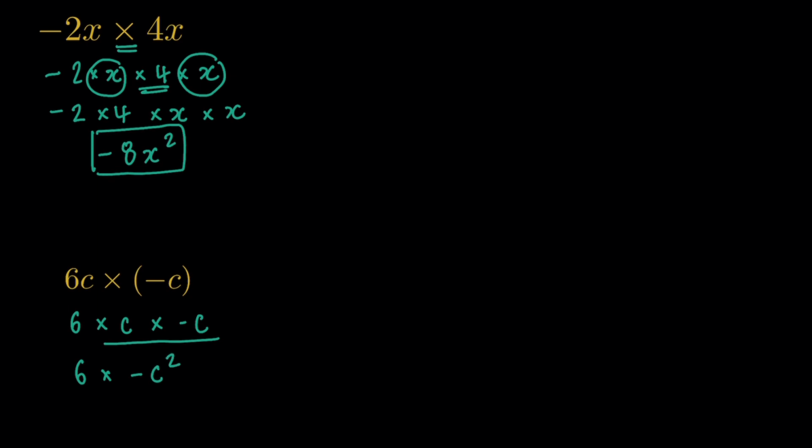And if I were to times these two terms, the 6 and the negative c squared, it becomes negative 6c squared. When we are simplifying algebraic products, we will need to put the negative sign at the very front, followed by the number and the variable.